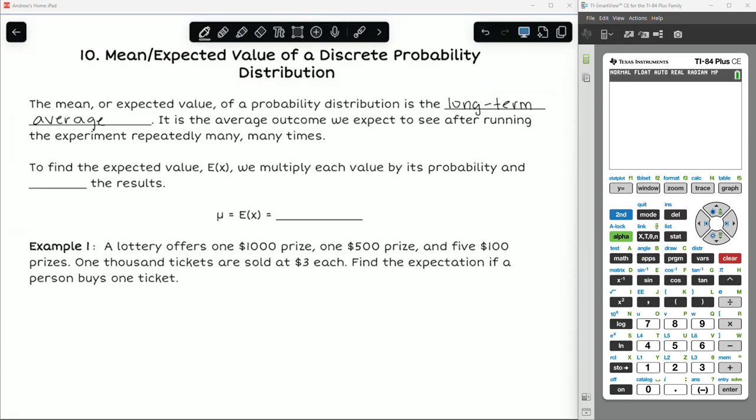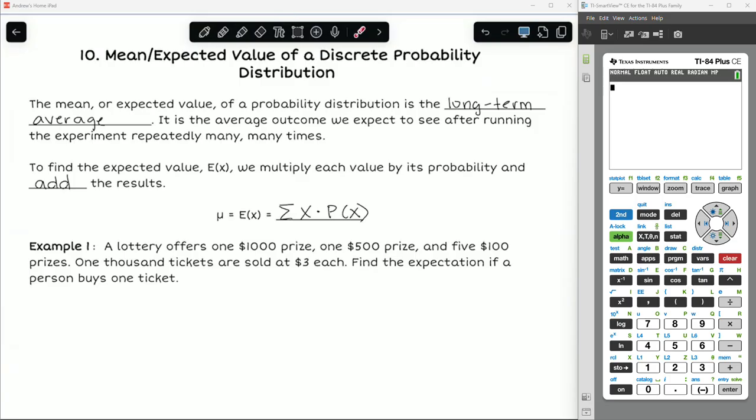To find the expected value, we take each value in the table, multiply it by its probability, and then add the results. In other words, our expected value is the sum of our data values times their corresponding probabilities.